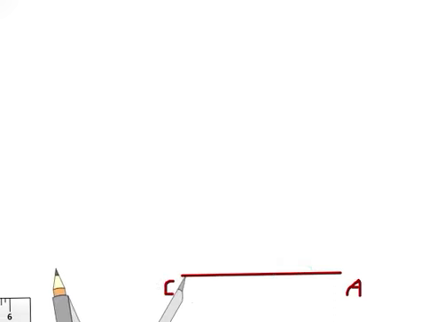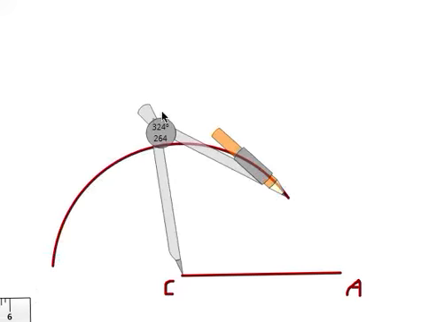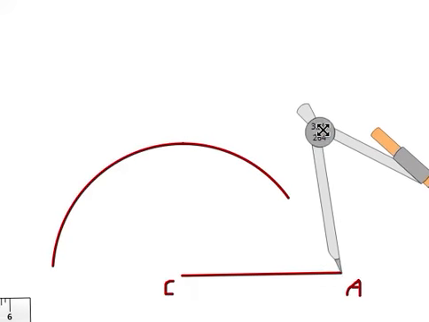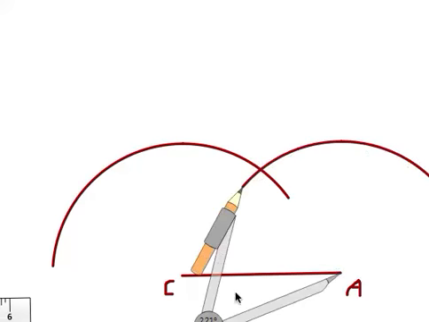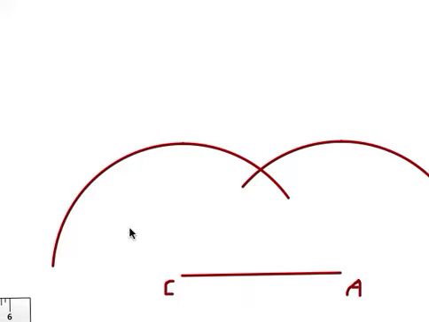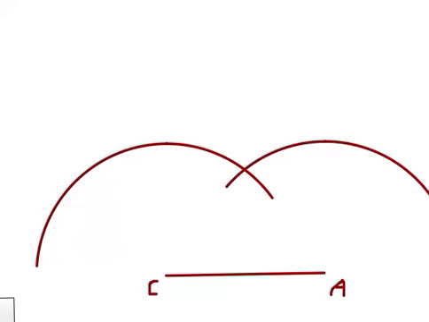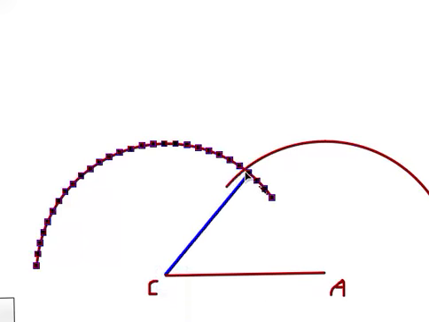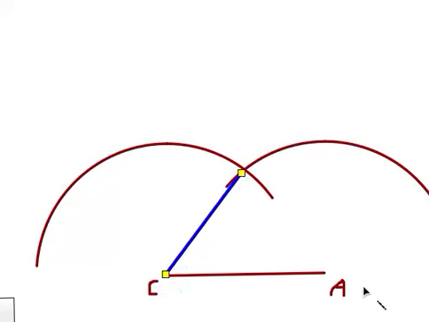We can draw this arc here with length 5 centimeters, and then use the ruler to draw a line segment from C to the intersection point, and then a line segment from A to the intersection.